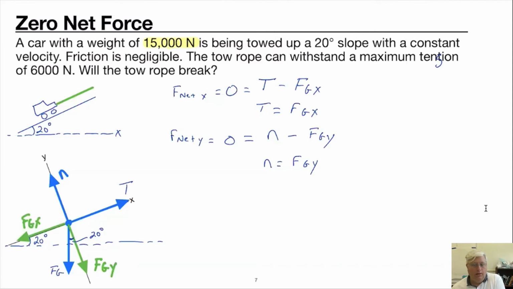Okay, so we saw that tension is the x component of the force due to gravity. Okay, so let's see if we could figure that out from that. Well, so tension, x component of the force due to gravity is Fg cosine of the angle. Okay, so what does that actually look like? The x component of the force of gravity.